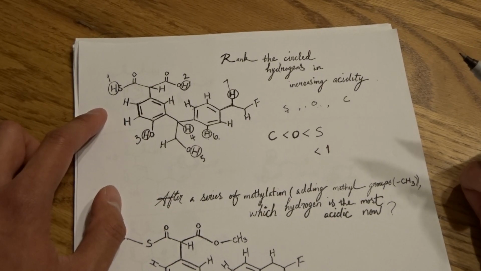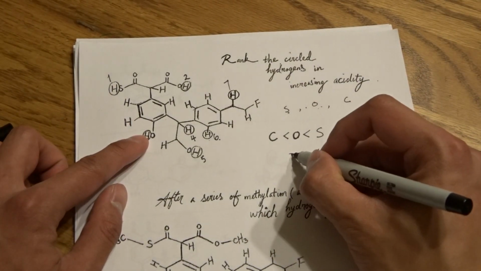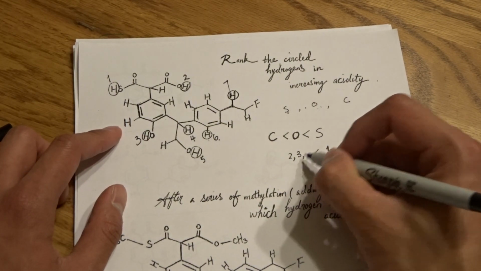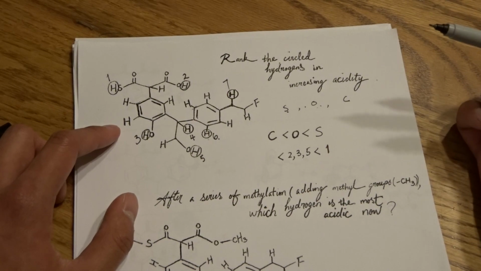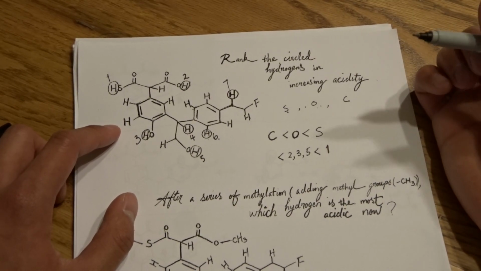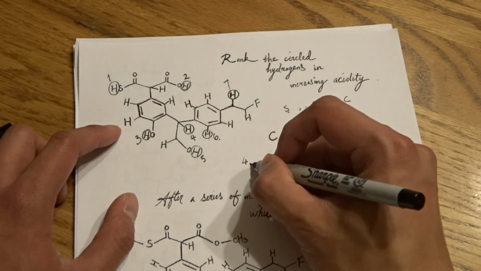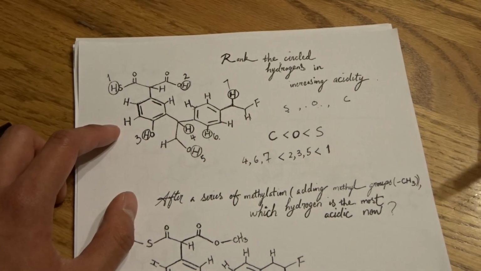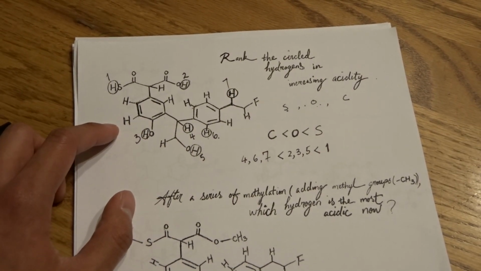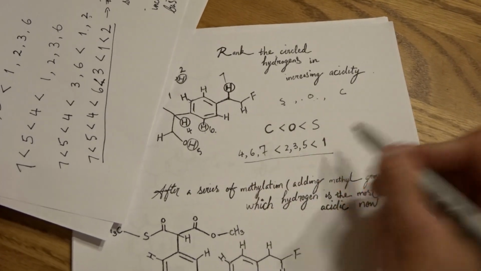Then we have the oxygen atoms. We have 2, 3, and 5. So 2, 3, and 5. Don't know how to differentiate them yet with the atom effect. So now we only have 4, 6, and 7. 4, 6, and 7. Alright, so now we can move down the list again. So we just apply atom effect to reach our preliminary ranking.